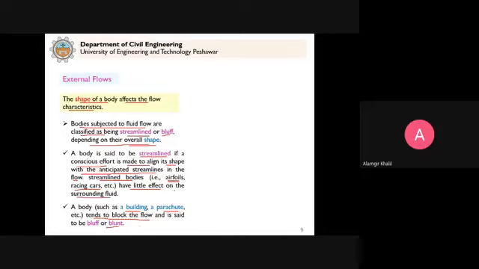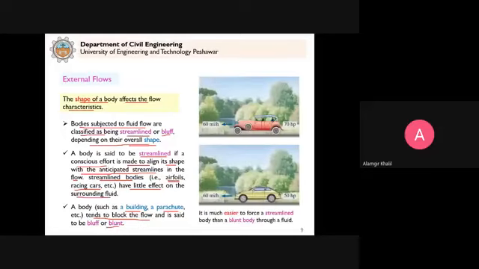Clear? Now in this example you can see here that two cars are shown. Now in the above example you can see the shape of the car. In order to move this car at the speed of 60 miles per hour, you need a power of 70 horsepower.